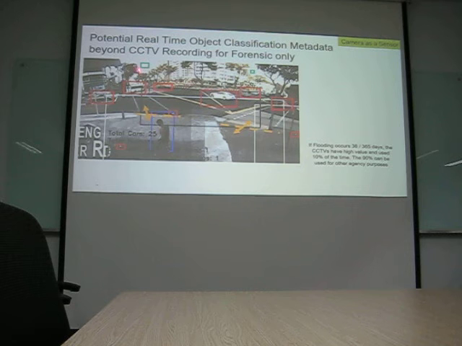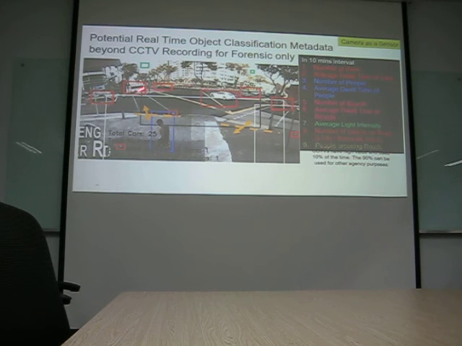You can see the average number of cars, dwell time, number of people in the picture, average dwell time, number of bicycles. From one camera, you can pick up so much information. At the little corner, the trick we use is light intensity. When the camera is taken, we don't adjust the camera; we just put the camera there, then sit down and figure out what we can get out of it.